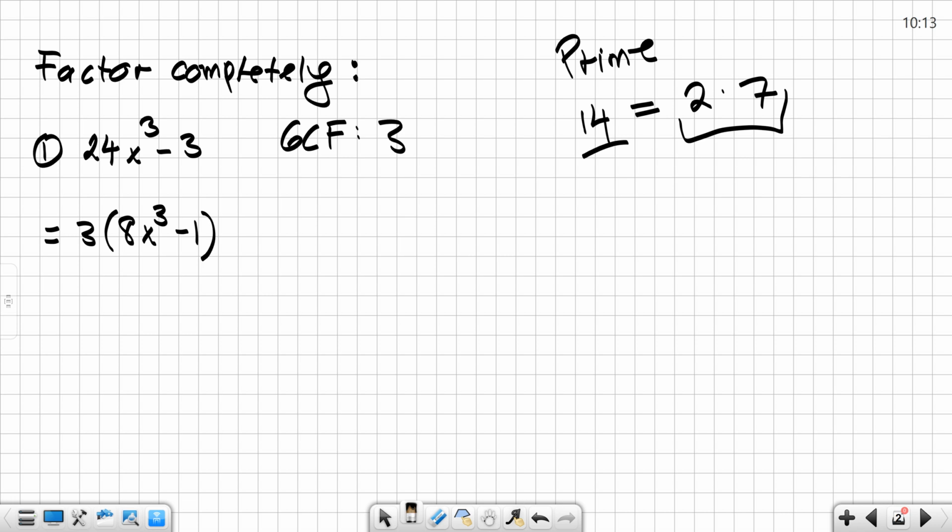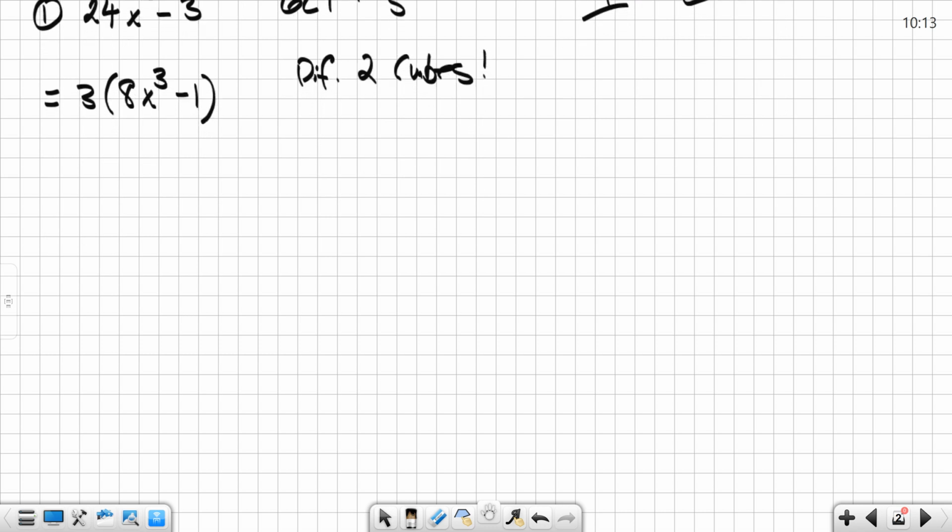These are two terms, and I see this is the difference of two cubes. So I'm using my formula for the difference of two cubes. Remember SOAP: same, opposite, always positive. Let's use square brackets.